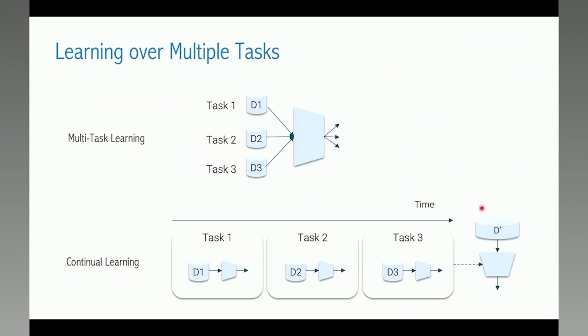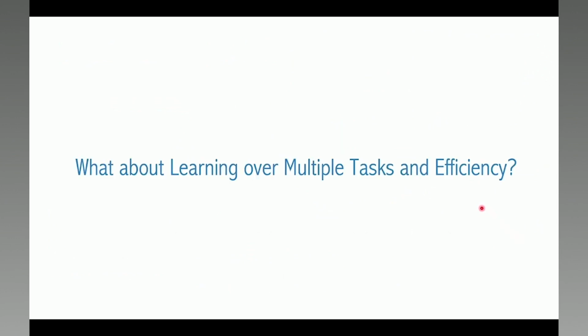So we have this idea of multiple tasks, but they don't occur at the same time, they occur sequentially. But in both cases, the question that we are trying to answer with the two works is, what if we have to learn over multiple tasks, but also we want to take into account with special attention efficiency? So what can we do?